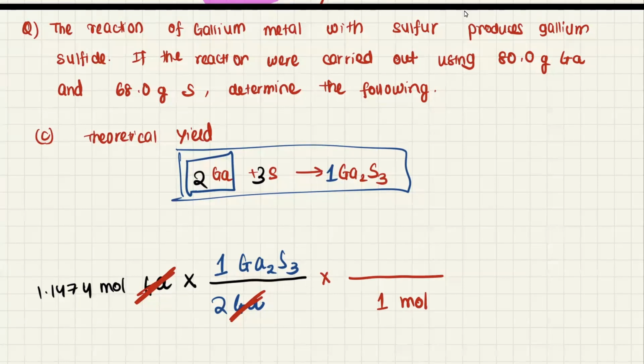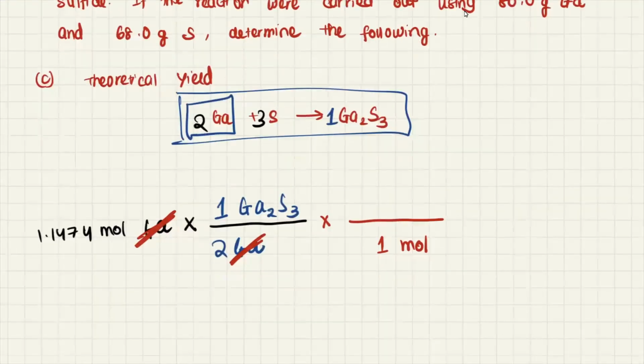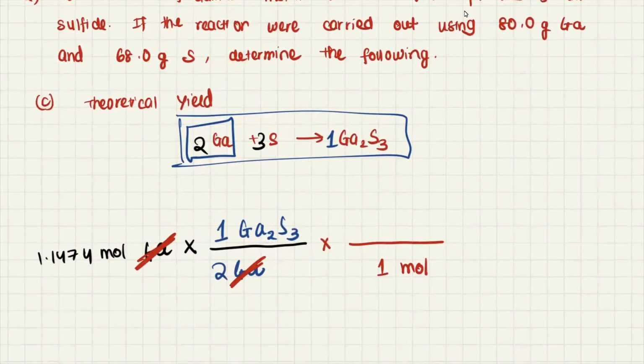It's going to be 235.64 gram per mole. So you can now see that the mole also gets canceled. Oh, this is not per mole, just mole. That's where to put the mole. So you can see that the mole is also canceled, and whatever answer we're going to get is in gram of Ga2S3.